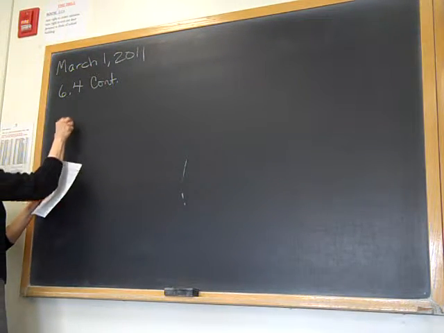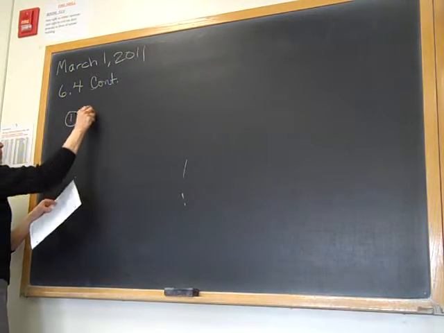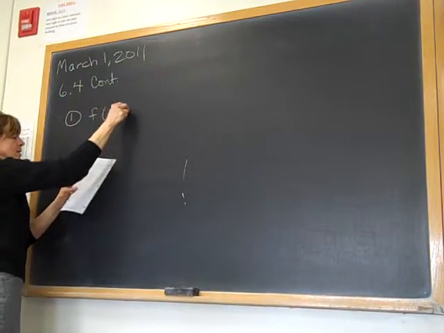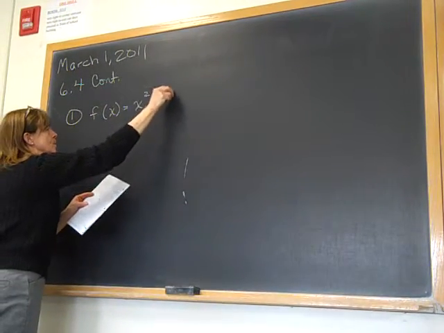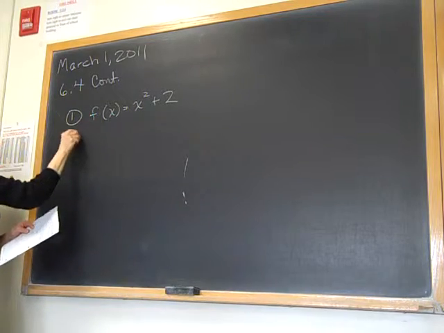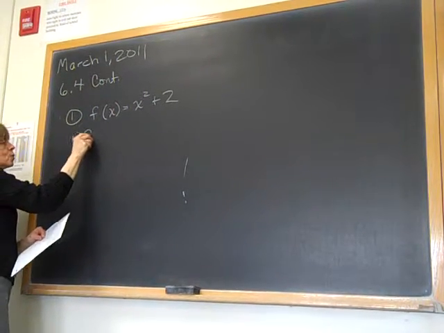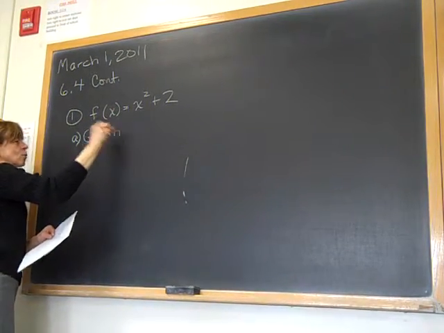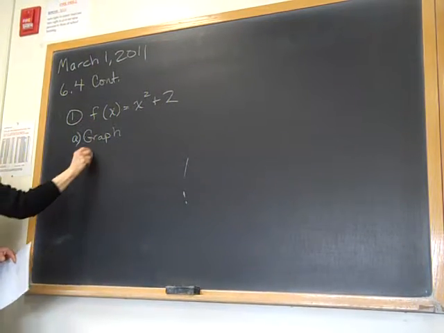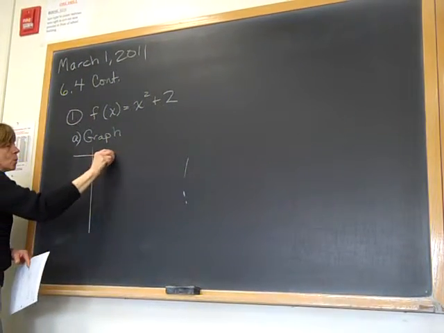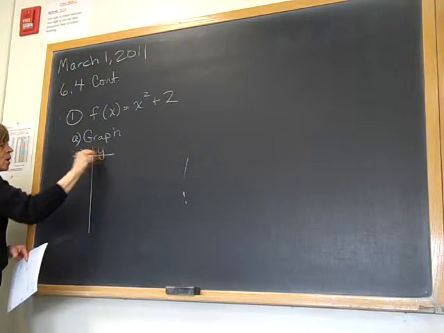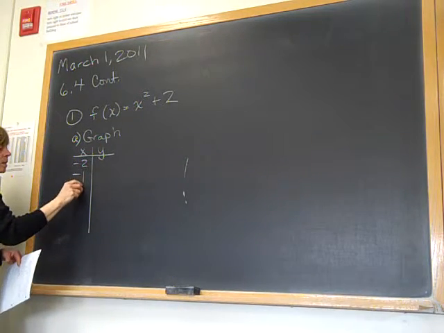So we're going to take a look at the function f of x equals x squared plus 2. Our first task is going to be to make a graph of it. And we're going to do it like we've been doing with our chart of our xy points.